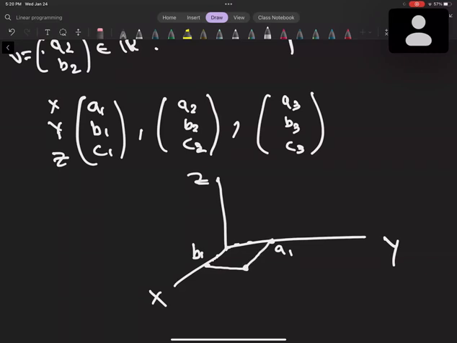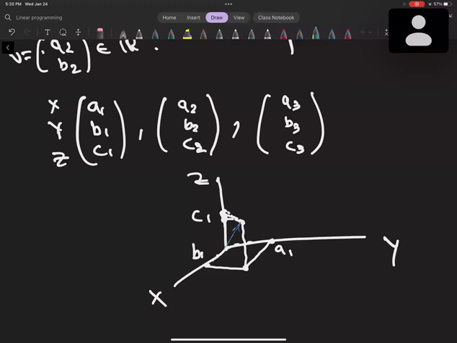And you go up C1. So it'll be here. So you measure C1. So that's your vector. So your vector should be this one.